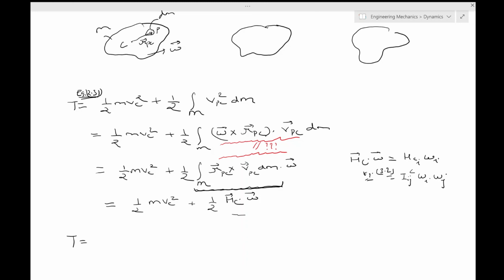Once this is done, we can write it as half m vc square plus half Hc dot omega. Now Hc dot omega we want to write as half Iij C omega i omega j. This is 3.37.